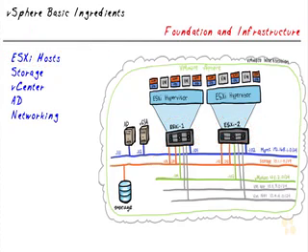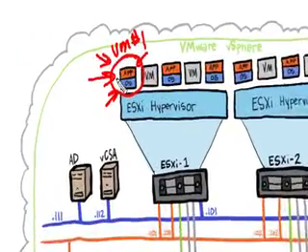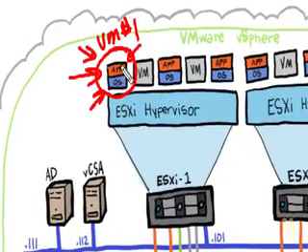Another key ingredient that we're going to have in our vSphere environment is storage. Now let's imagine this virtual machine right here. And let's imagine that this virtual machine, we'll call it VM number 1, is running a Windows Server operating system. And I've got a question for you regarding this virtual machine. True or false?